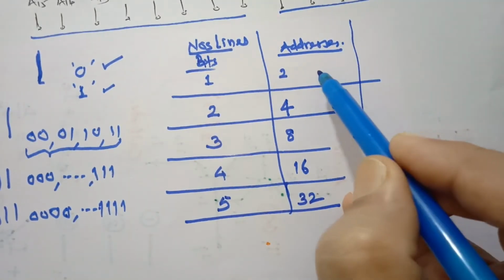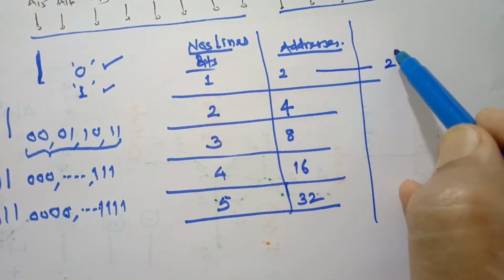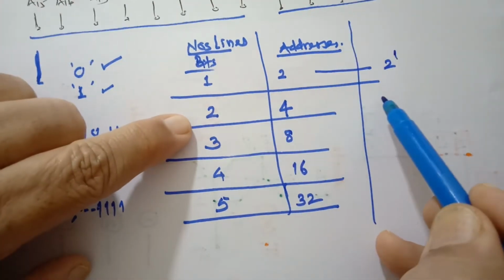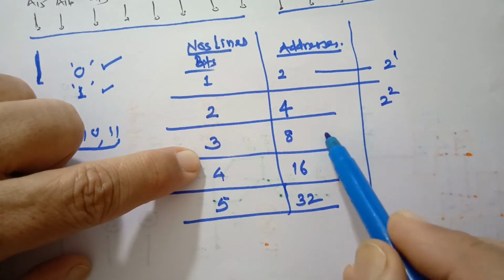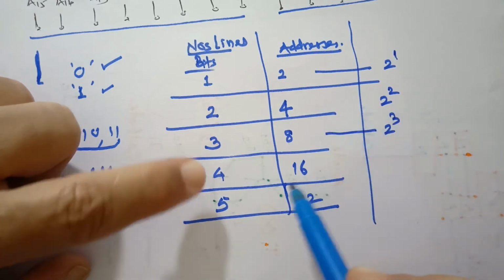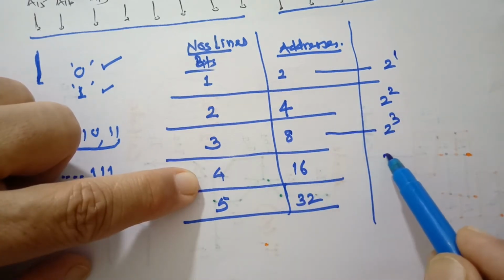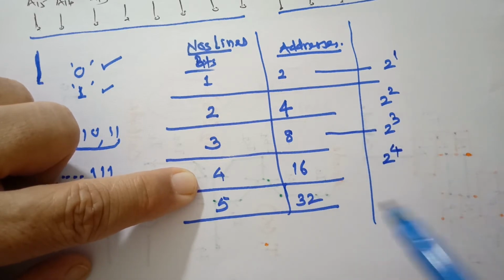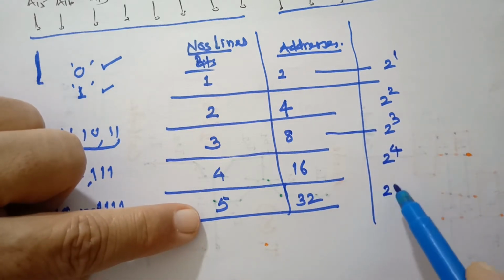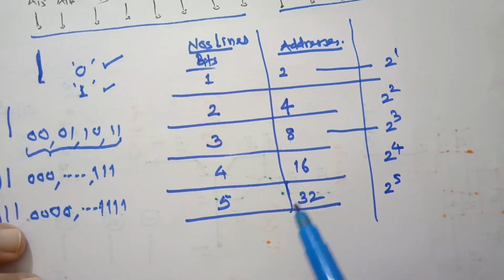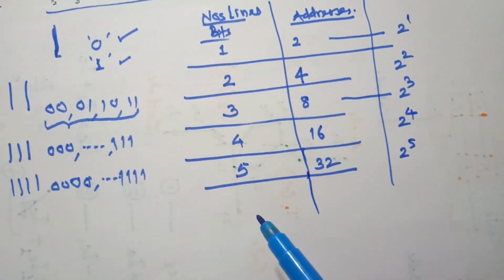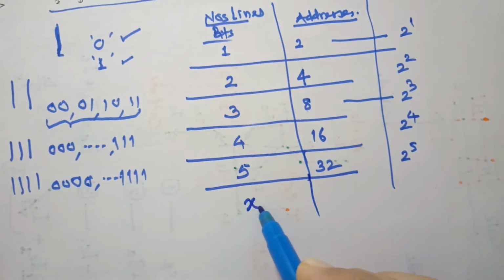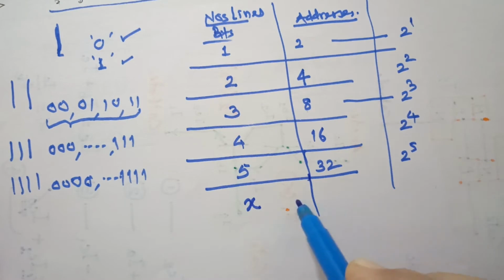I can write this 2 as 2 raised to 1, this 4 as 2 raised to 2, this 8 as 2 raised to 3, this 16 as 2 raised to 4, this 32 as 2 raised to 5.